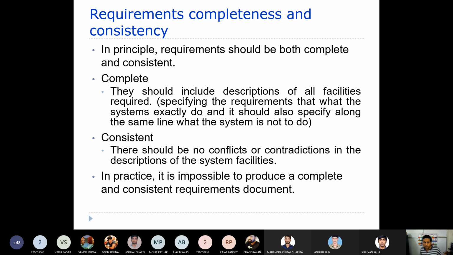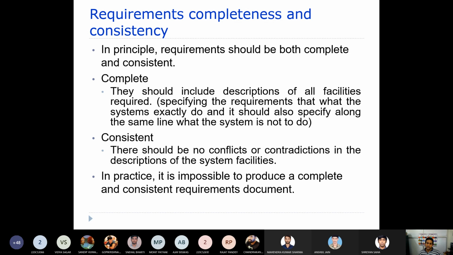While providing the description of all these facilities, services or requirements, at one point it should not say something and at another point say something else. Whatever you say should be very consistent throughout the document.